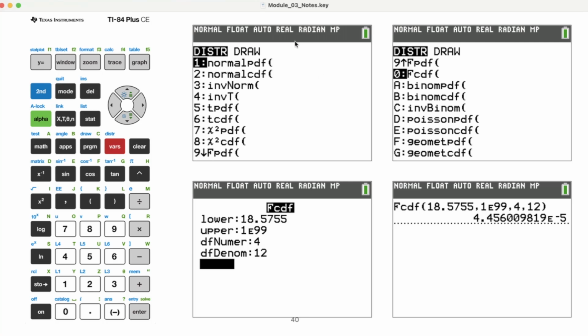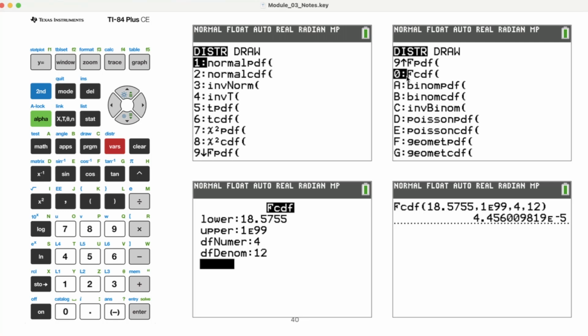The screen here in the upper left quadrant shows the distribution menu. The option that we want is down below option number 9. I've scrolled down, and we can see that the option that I want is labeled 0, for 10.